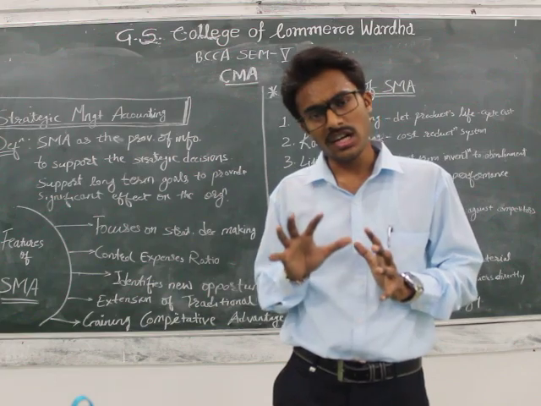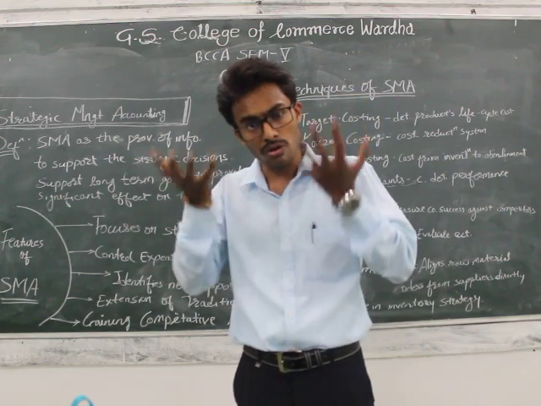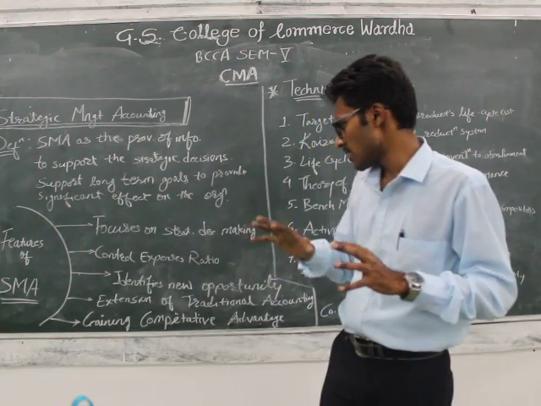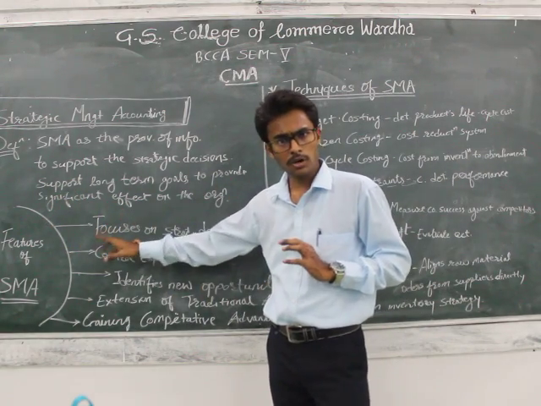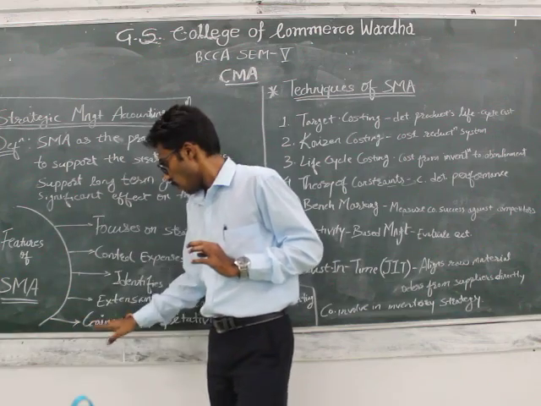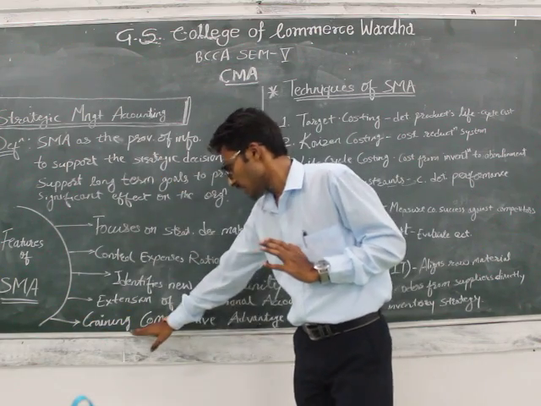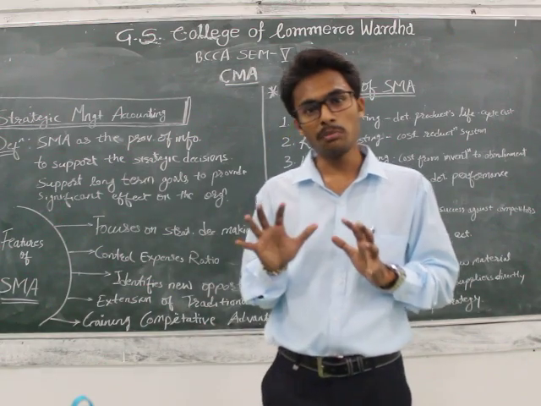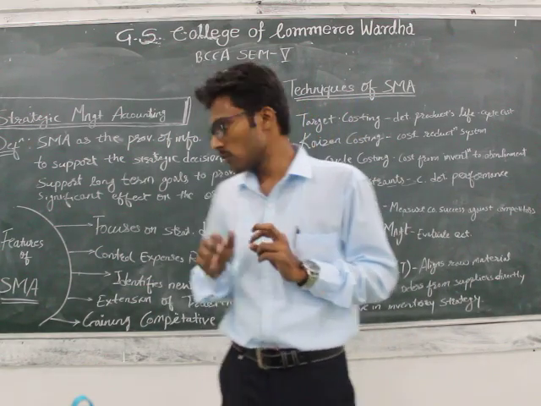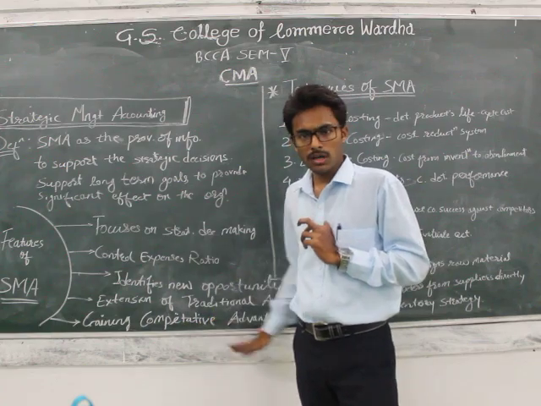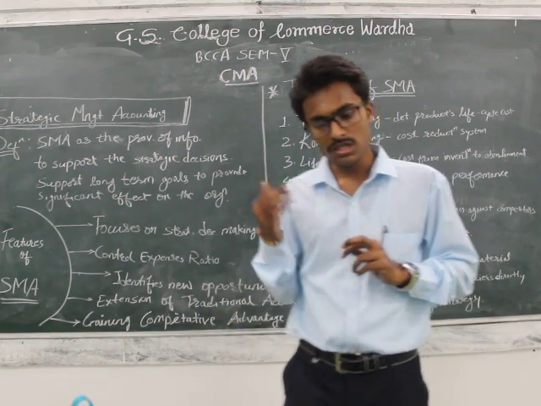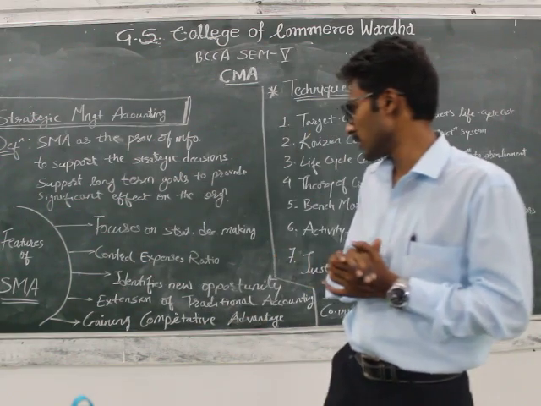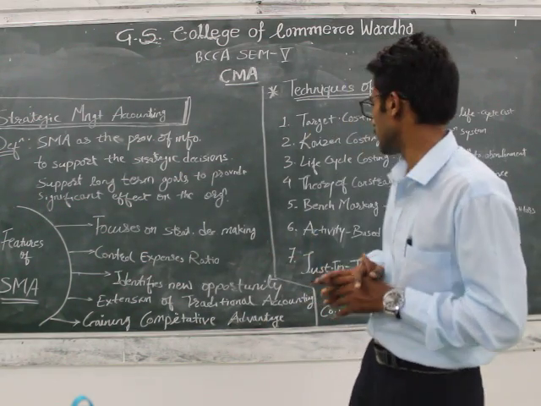Because of research and development, a company can grow more than the competitors. Hence, because of the tools and techniques of SMA, one company can take benefit from business as compared to the other competitive firms which are currently present in the business environment in a particular region.